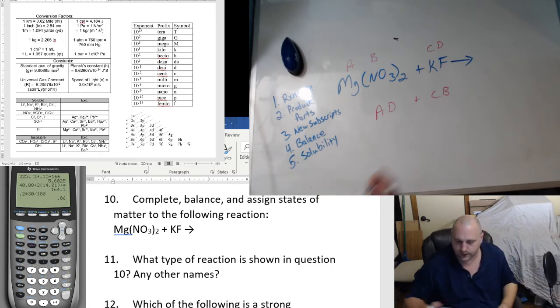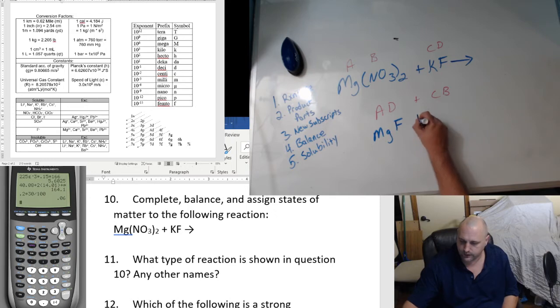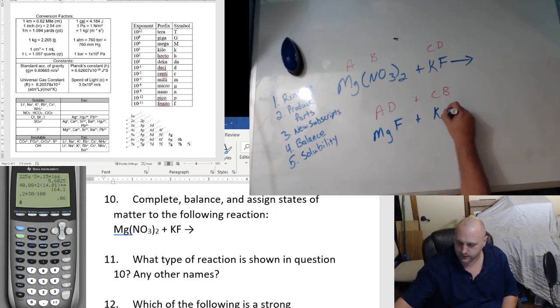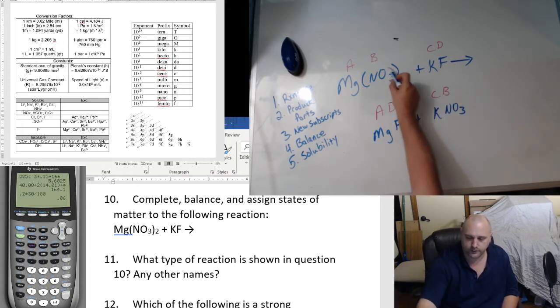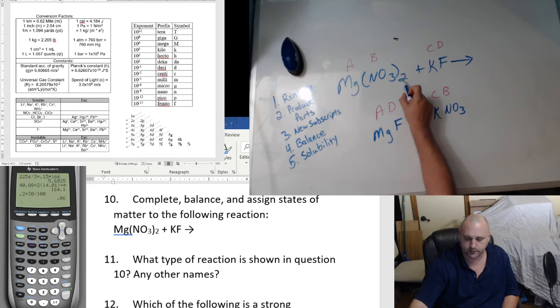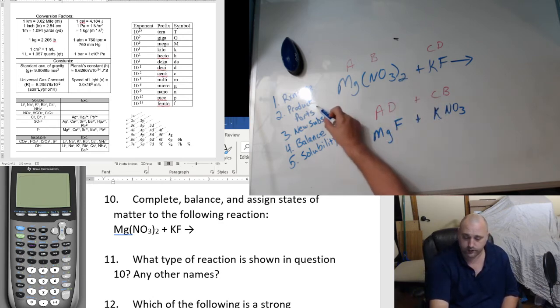Okay. So now my A piece is magnesium. The D piece is F. The C piece is K, and the B piece is NO3. Notice I brought the 3 because it's part of the piece. The parentheses really kind of help see that. But I didn't bring the 2 because it's got a new partner. So I brought over these parts.